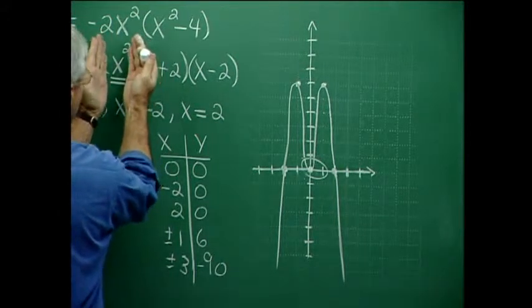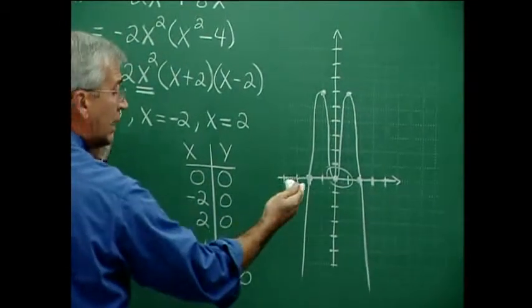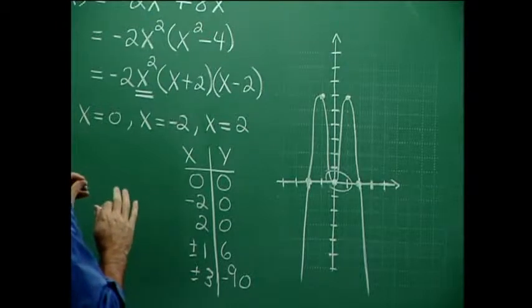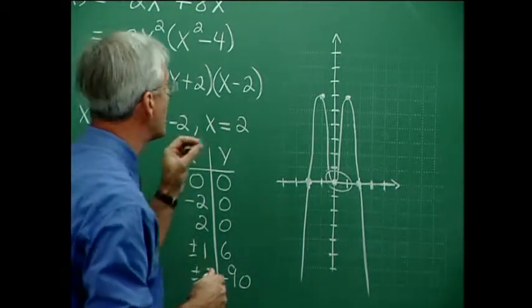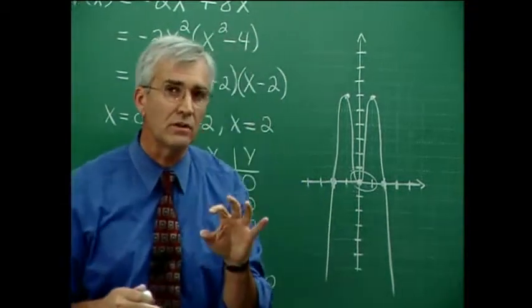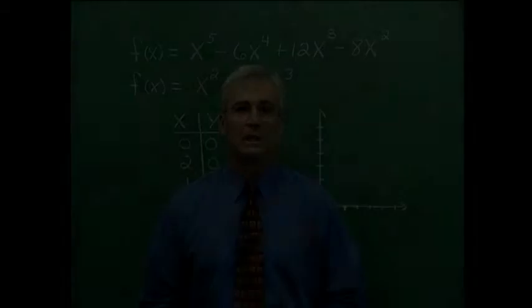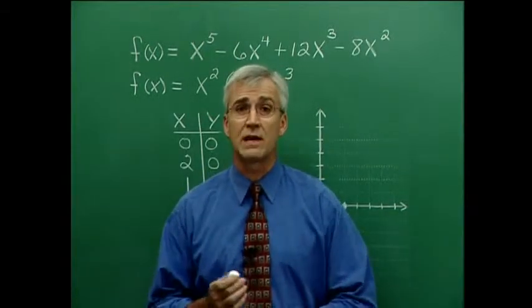You see, it's kind of parabolic in that neighborhood. So when we have multiple factors of the same kind, it creates this kind of bounce behavior sometimes. Let's take a look at another function that has multiple factors of the same kind.